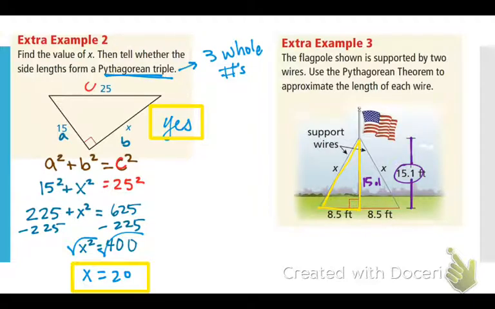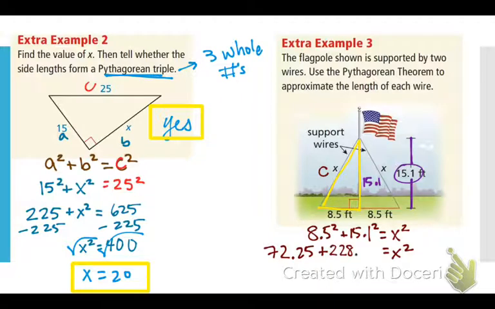So now to find the missing side, we're going to use the Pythagorean theorem. Which one of these would we label C? X. So we're going to say 8.5 squared plus 15.1 squared equals x squared. 8.5 squared is 72.25, yeah? 15.1 squared, I don't have that one memorized. 228.01?